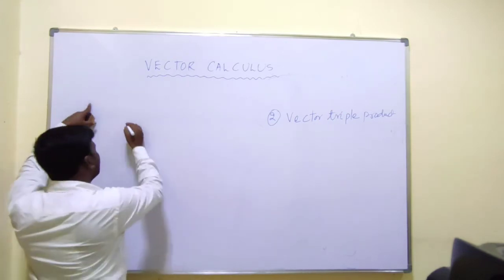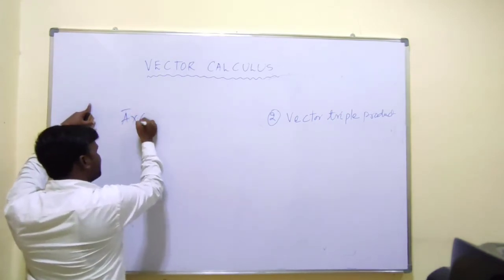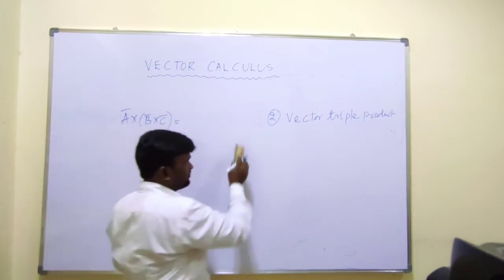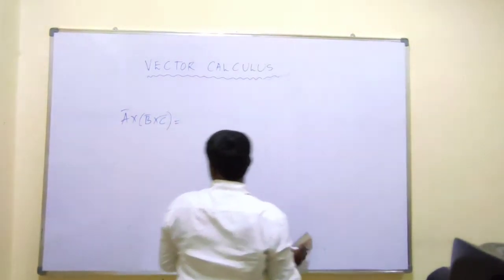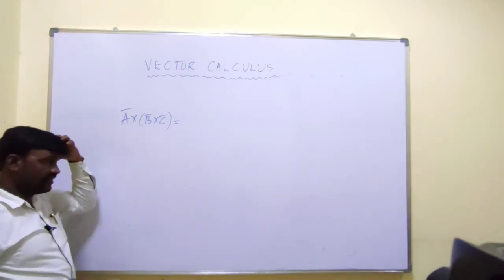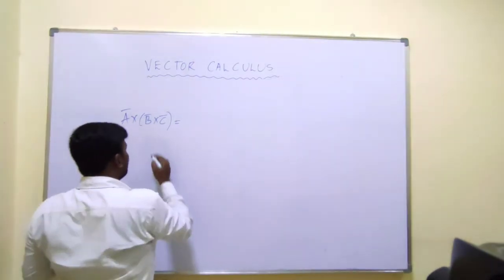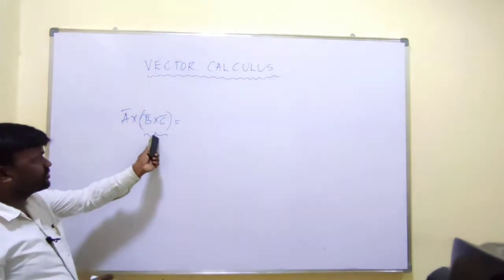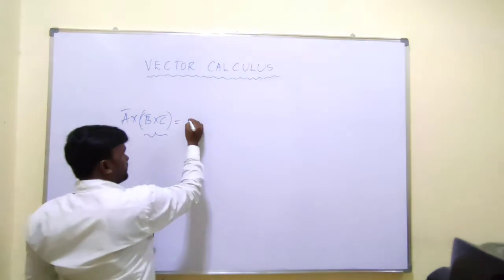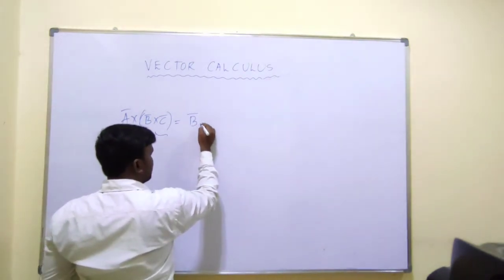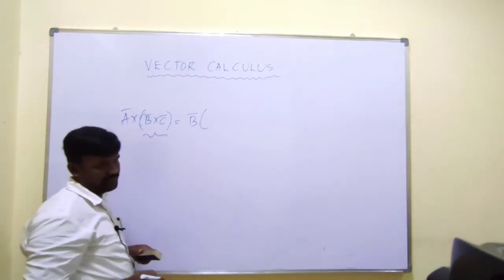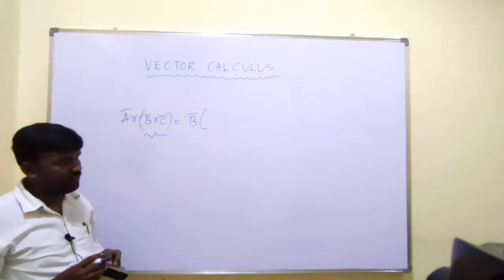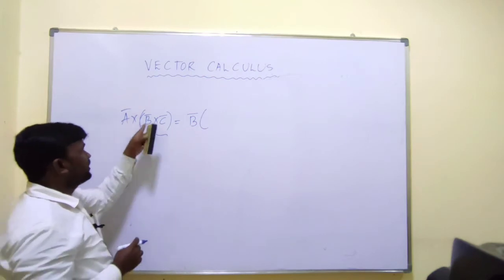Okay, vector triple product. That is A bar cross B bar cross C bar, which is nothing but what? We can find this one like this. Our focus should be on this bracket, that is B bar into, after B what do you have?